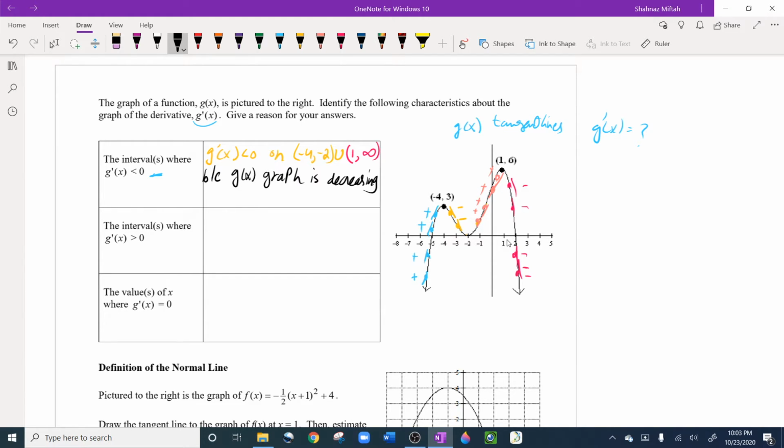The interval where g prime of x is greater than 0, which means all my values are positive. So I can see the slopes of the tangent lines are positive from negative infinity to -4. So I'm going to say g prime of x is greater than 0 on negative infinity to -4.